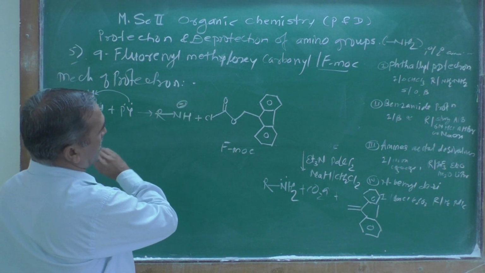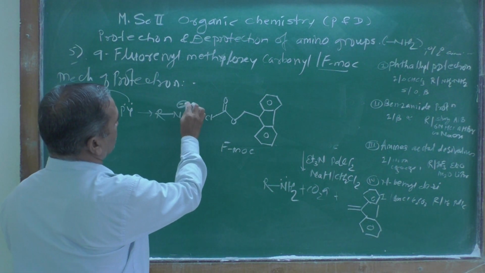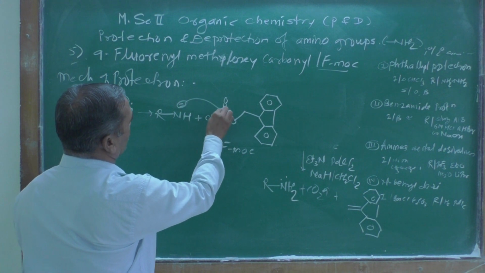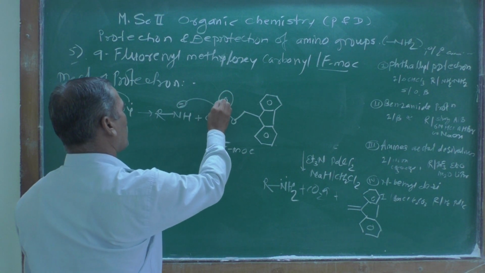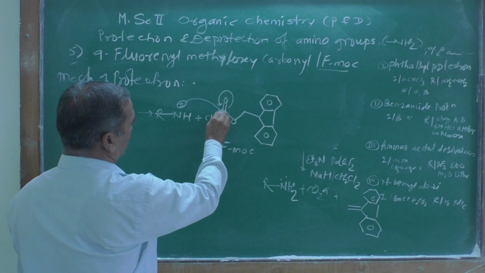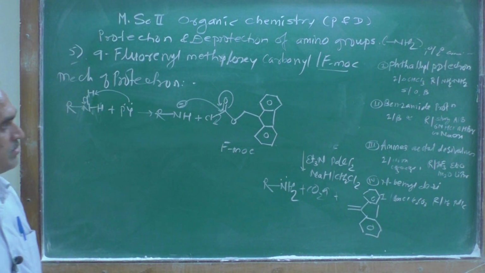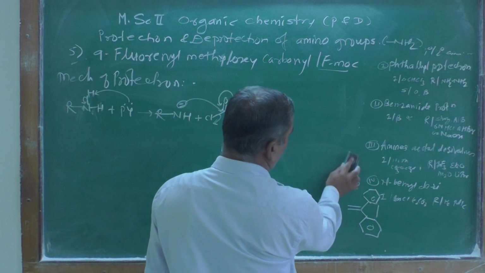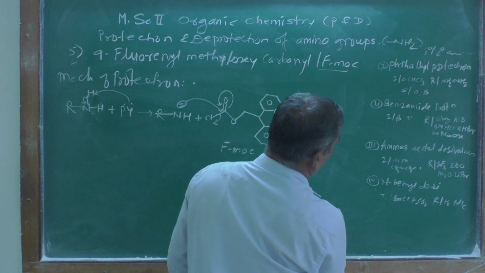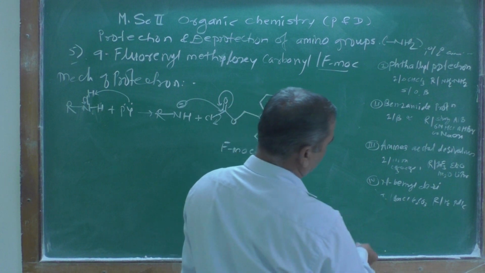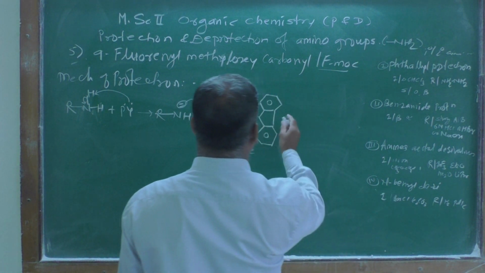This is Fmoc. Now what is going to happen? This negative charge is attacking this carbonyl group. This double bond revolves around it, and there is a departure of the leaving group, and we get the structure here.